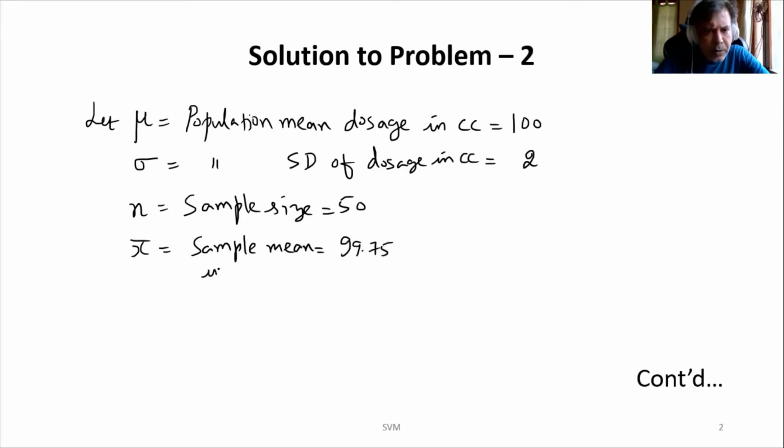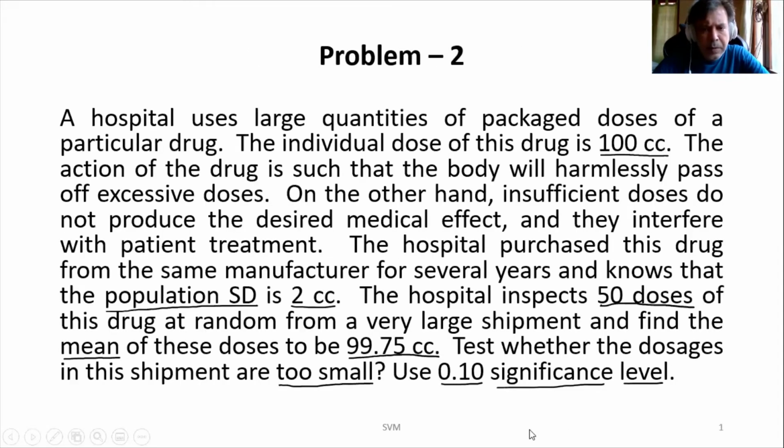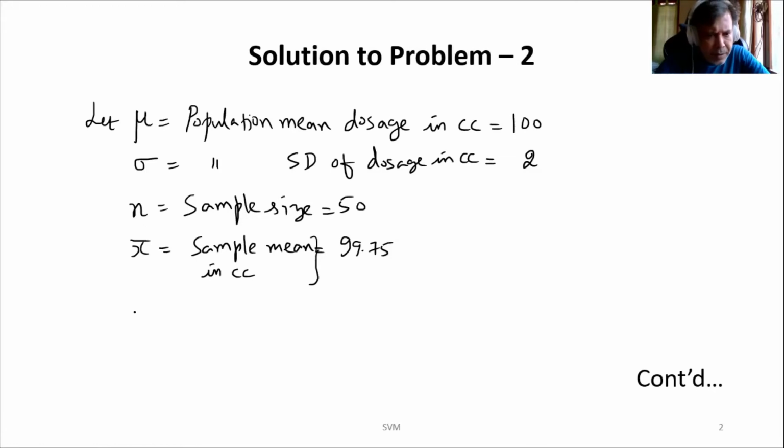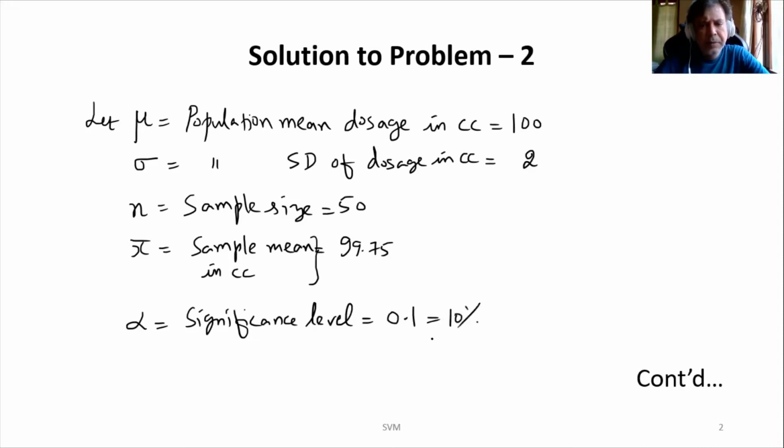This is also in cc. The level of significance, denoted by alpha, is given as 0.1 or 10%. So these are the things given.